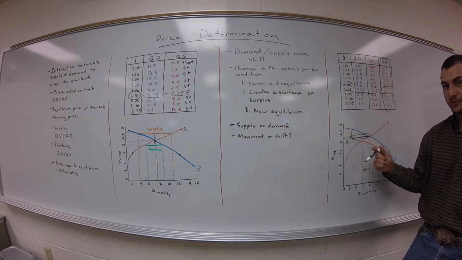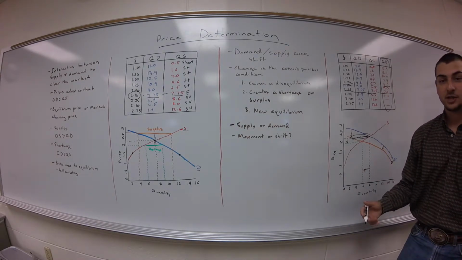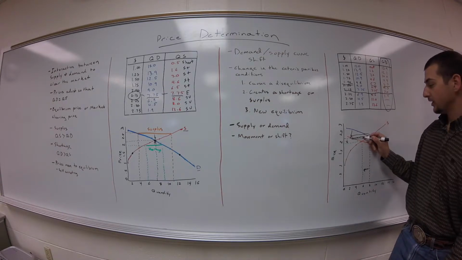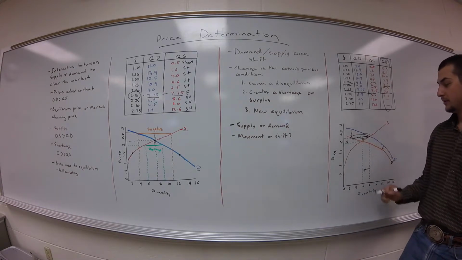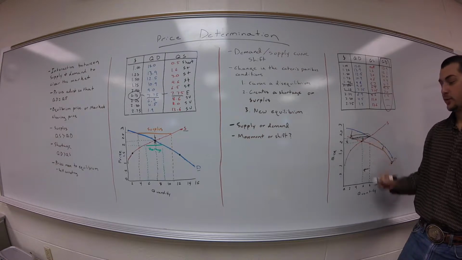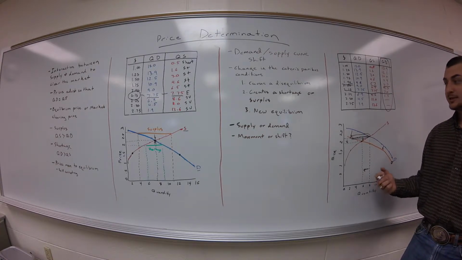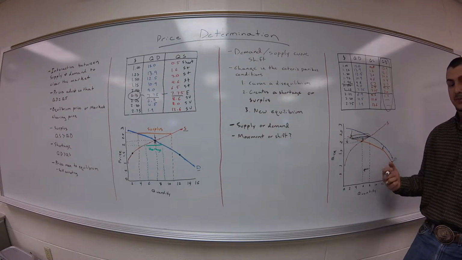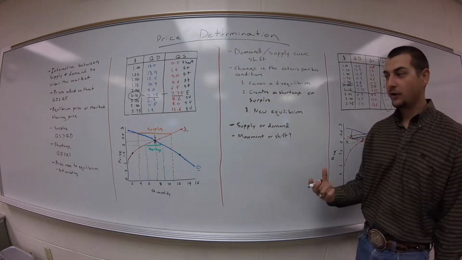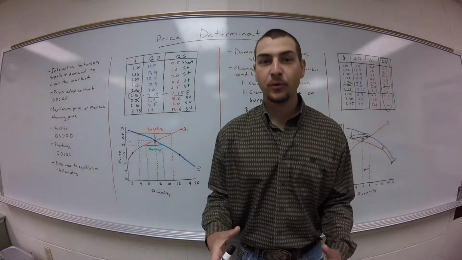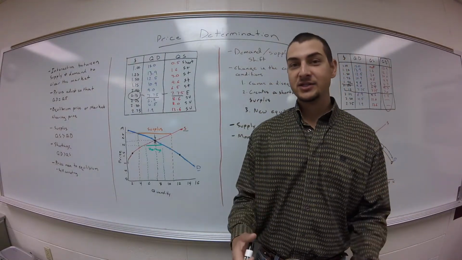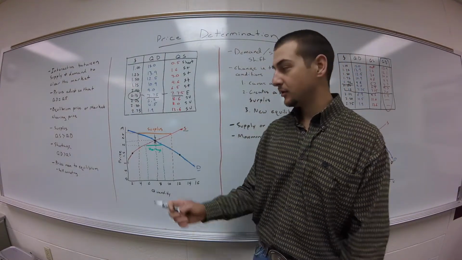What happens when you have a surplus? There's extra left on the shelf, so people need to sell them. So it drives prices down until it hits that new equilibrium of $1.90. So this is how price determination basically works. We start off with the simple example of a stationary supply and a stationary demand curve.